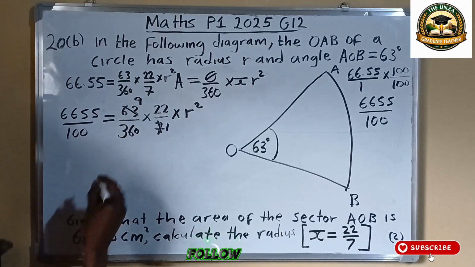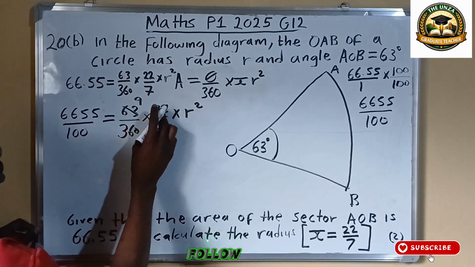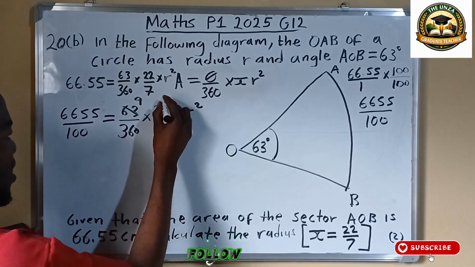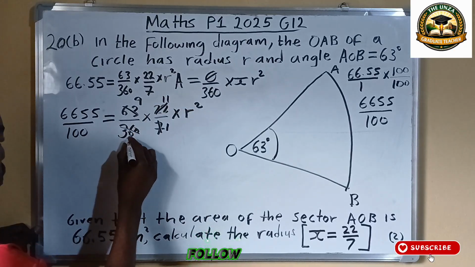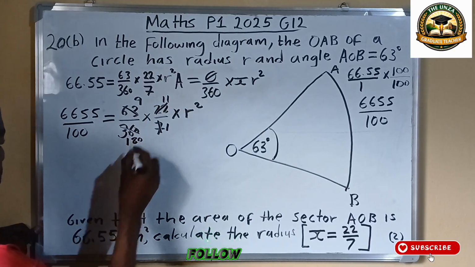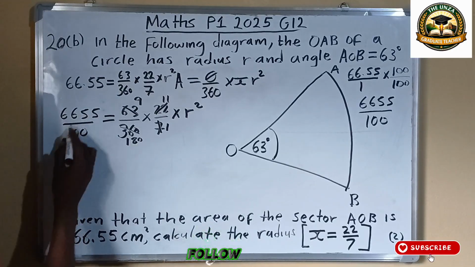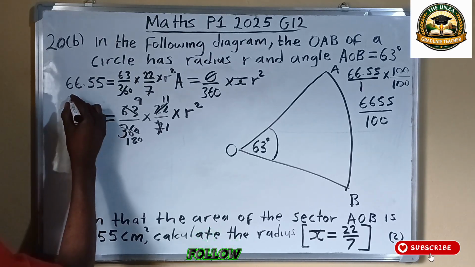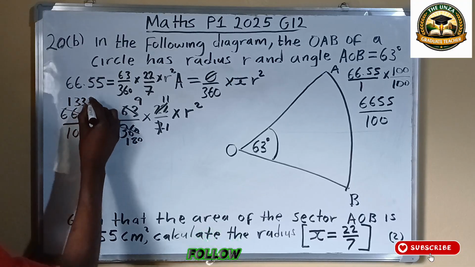Then in 360 and 22, the number that can enter without leaving a remainder is 2. So 2 into 22 is 11. 2 into 360 gives you 180. Even here, the number which can enter in these two numbers without leaving a remainder is 5. 5 into 6655 gives you 1331.